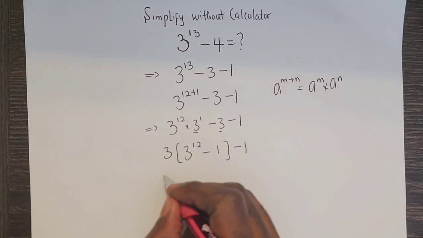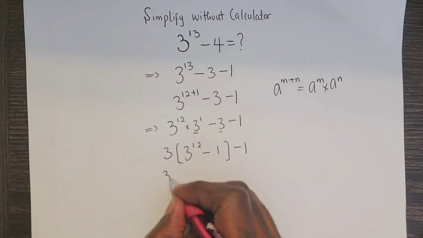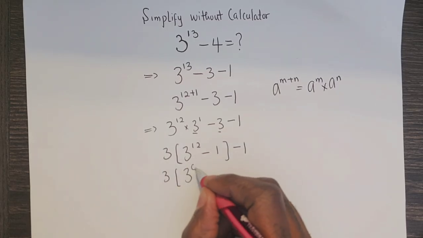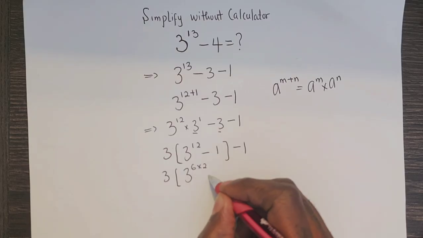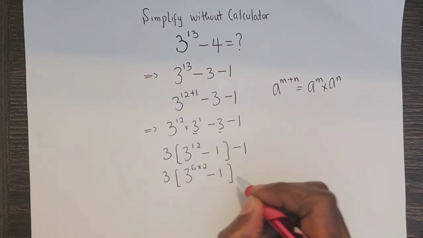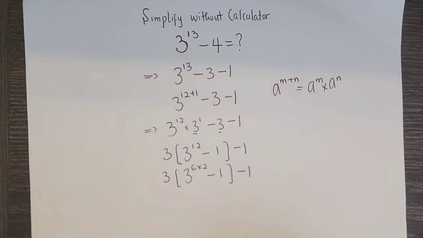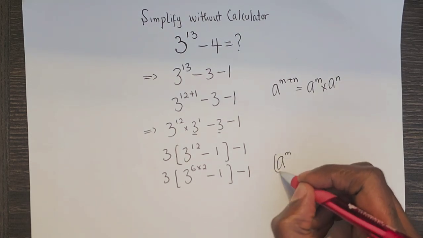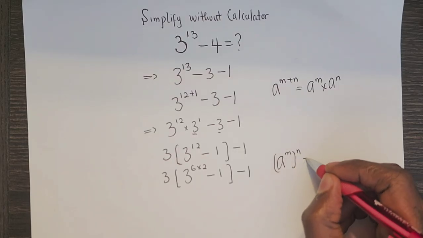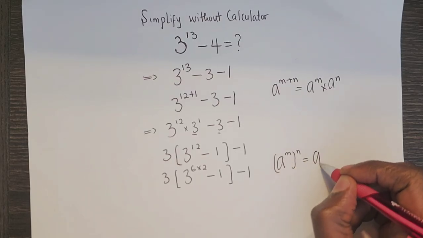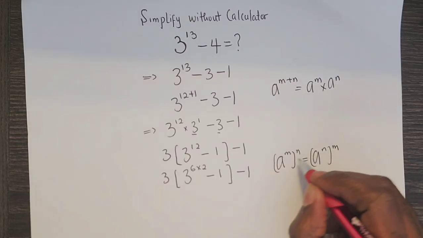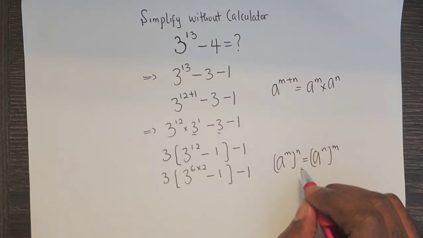Now, also, we can further simplify this as 3 to the power of 12 can be written as 3 to the power of 6 times 2, minus 1, minus 1. So from here, when you have a to the power of mn, this also can be written as a to the power of nm, by interchanging the position of the power.